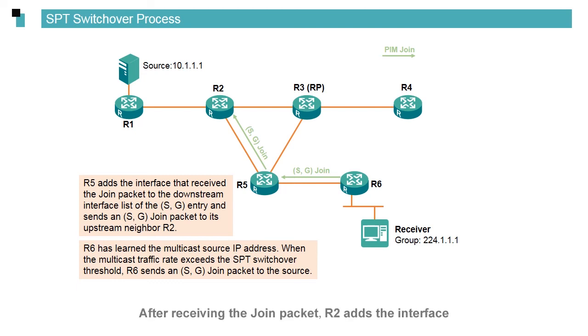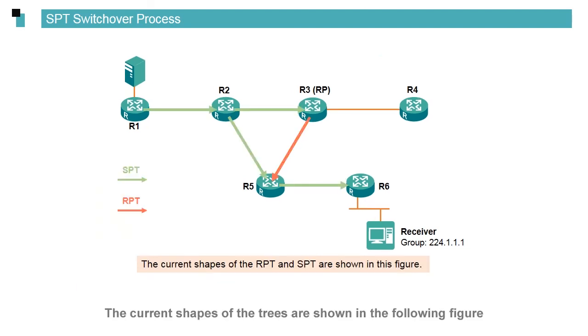After receiving the join packet, R2 adds the interface that received the join packet to the downstream interface list of the multicast entry (10.1.1.1, 224.1.1.1). The current shapes of the trees are shown in the following figure.